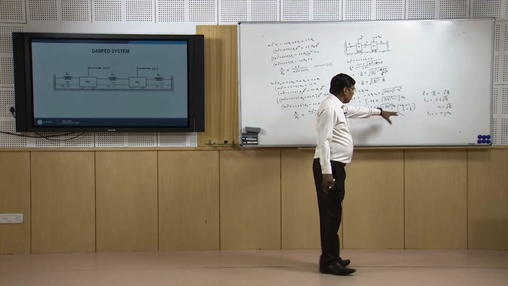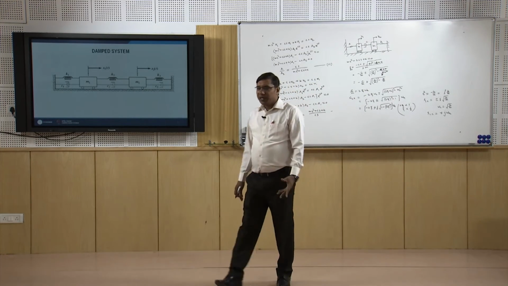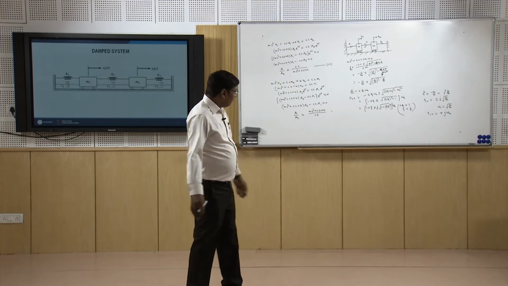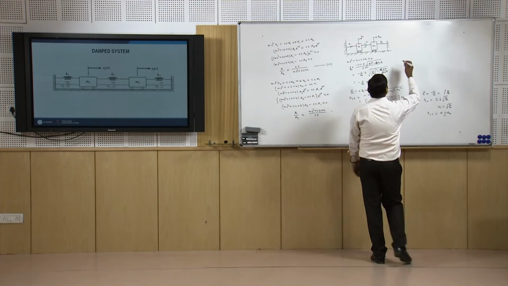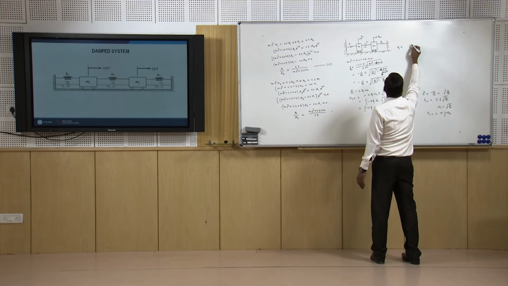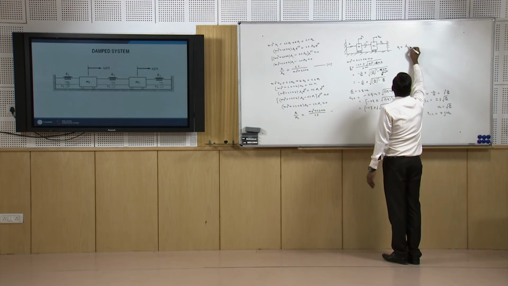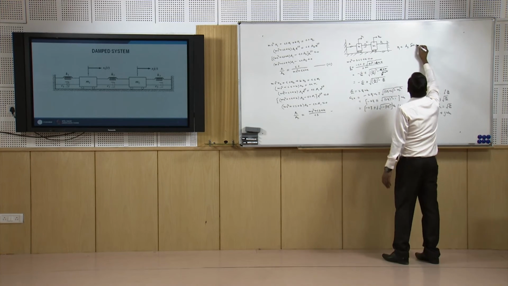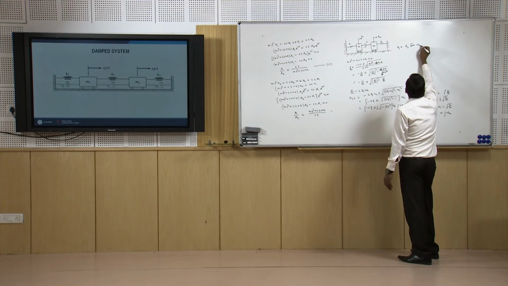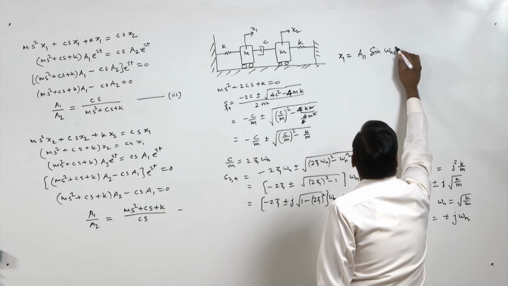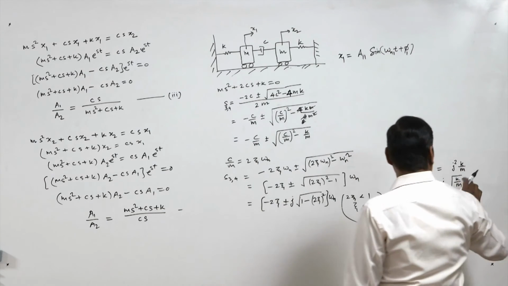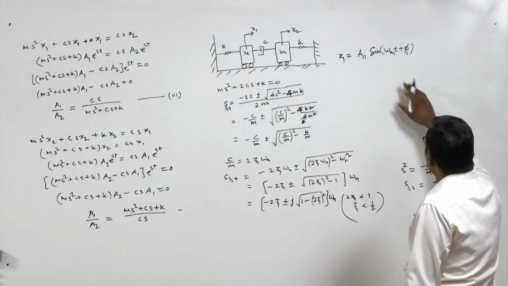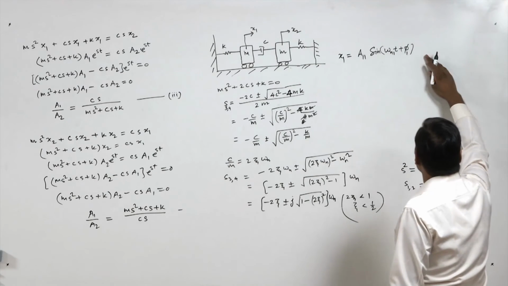Because they are complex roots, they are in pairs, and so we will have a solution like x1 equal to A11 sine omega n1 t plus phi 1, because this root will give us a harmonic solution like this.